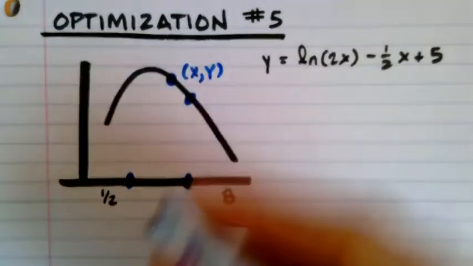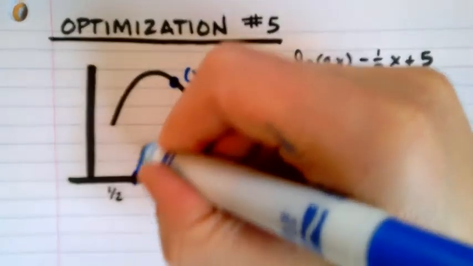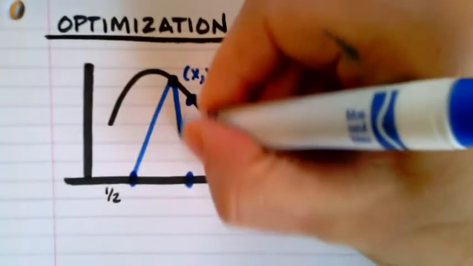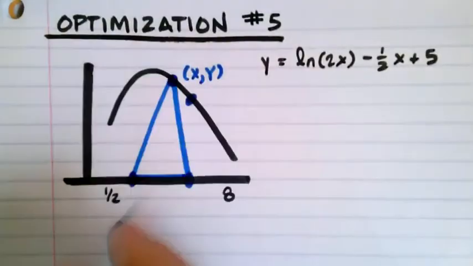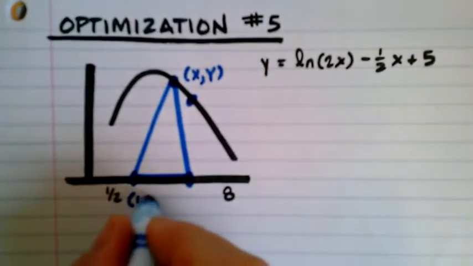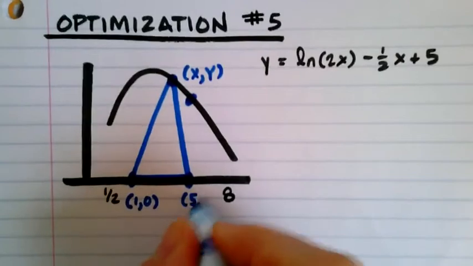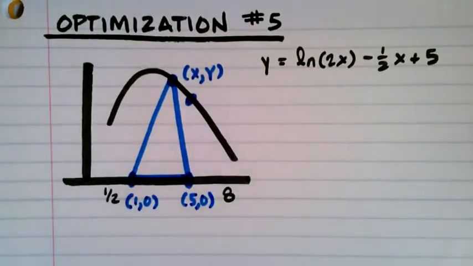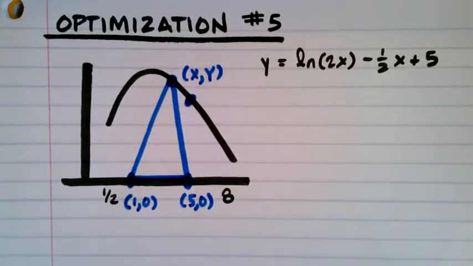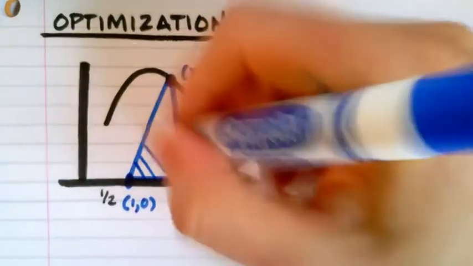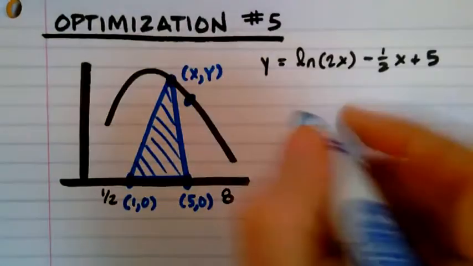And we're going to use that point to make a triangle that has as its vertices x comma y and then 1, 0 and 5, 0. And what we want to do is maximize the area of this triangle right here. Well, the idea goes like this.